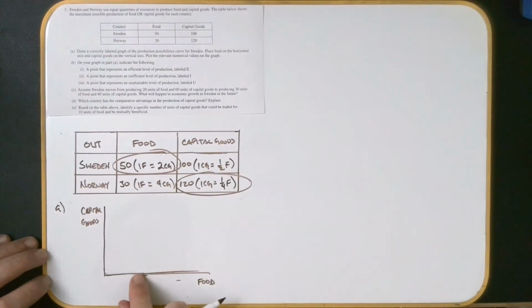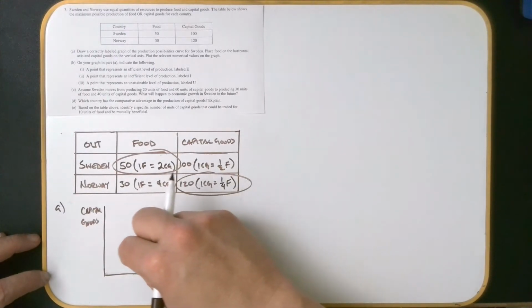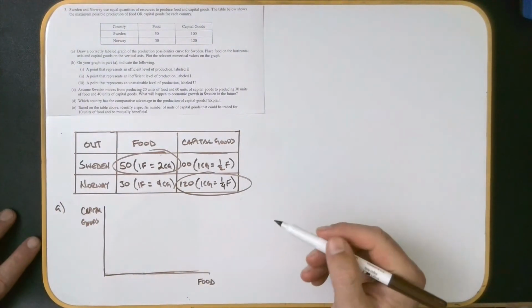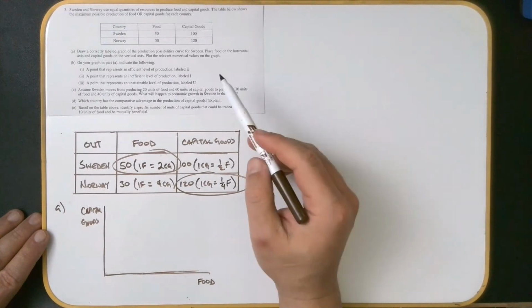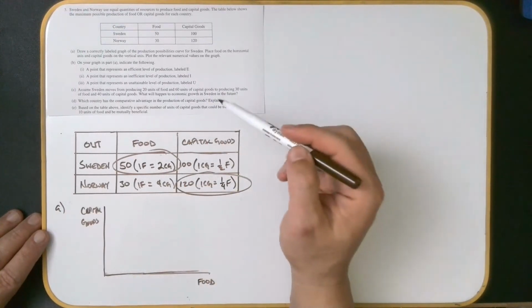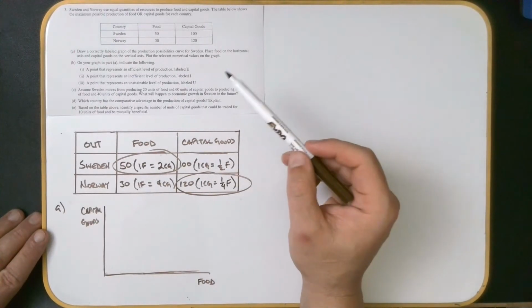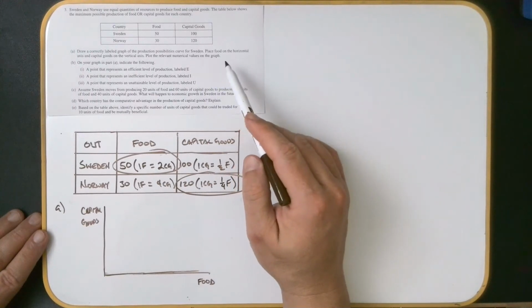And since we're doing a country, when you're doing trade tables, I highly recommend you just use what would look like constant opportunity cost. That's what they're looking for. I don't think you'd be penalized for it being increasing opportunity cost, but we tend to stick with constant on these. So plot the relevant numbers.